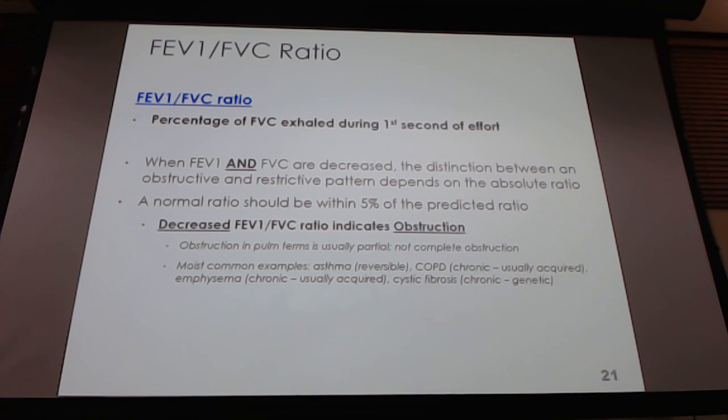And it's just a way to normalize that FEV1 relative to what that FVC is. So we're going to use this ratio in order to make decisions on how we interpret these PFTs. We're still looking at obstruction. We're just looking at flow relative to the whole capacity of the lungs.